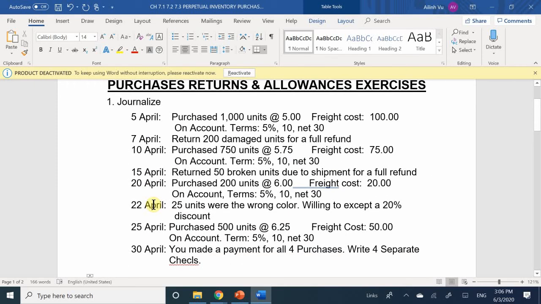All right, what happened next on the 20th of April? 200 units times $6, plus $20 for freight, is $1,220.